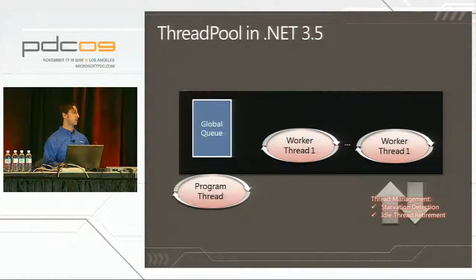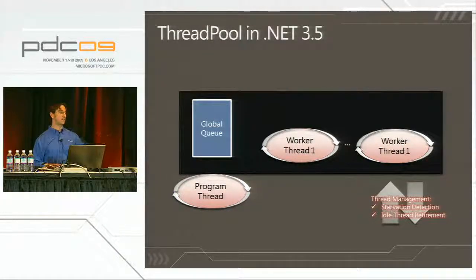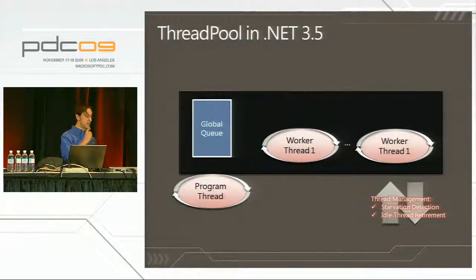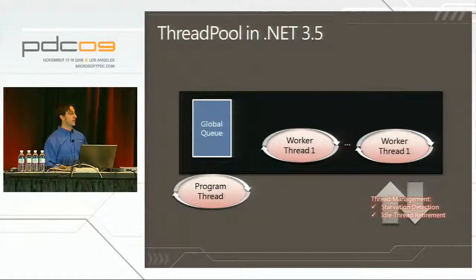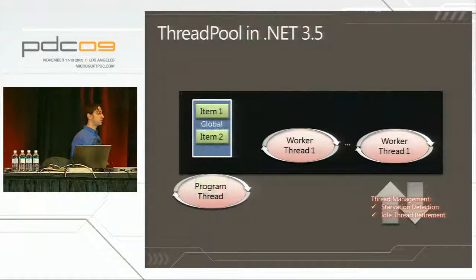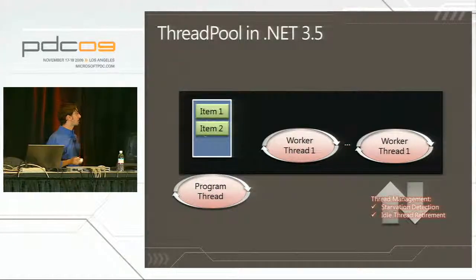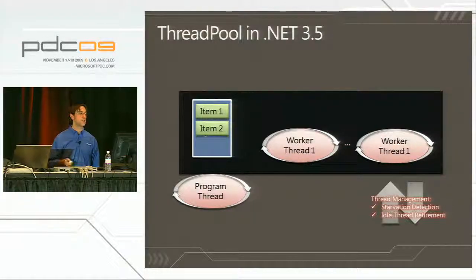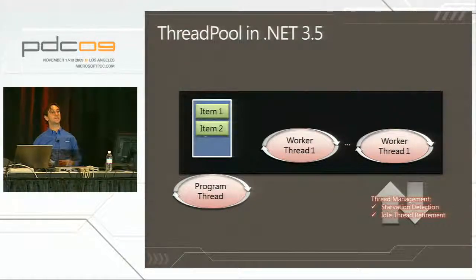So here in the .NET pool, we've got thread 1 through thread n. Ignore that thread 1 at the end there. We've got some number of threads, say 4 on a quad-core system, or maybe 8 on a quad-core system, whatever the system thinks is appropriate. We've got a queue of work. And as we create work items, for example, with ThreadPool.QueueUserWorkItem, these work items go into this global queue, and then the workers get all excited: woohoo, I've got work to do. I have a purpose in life.